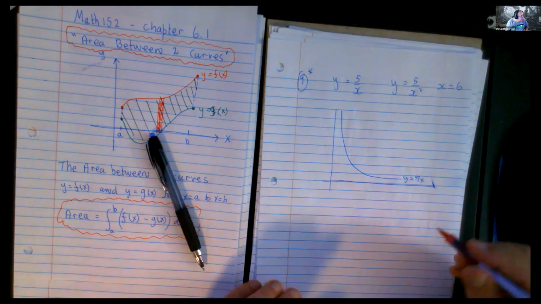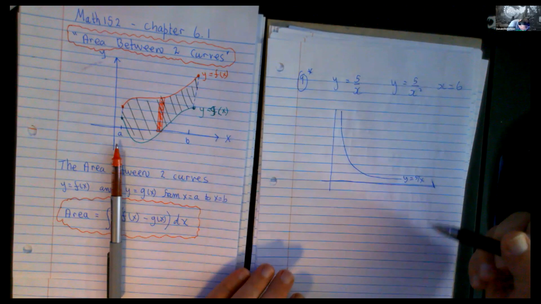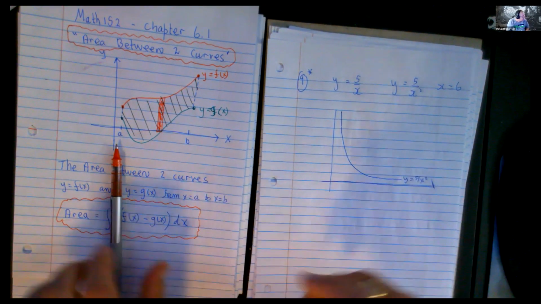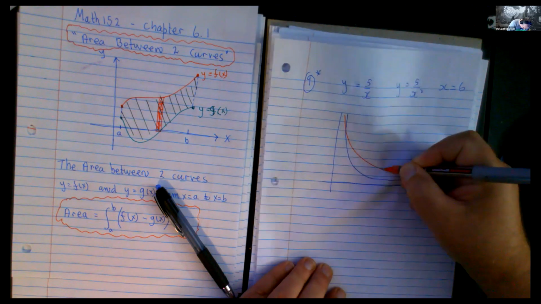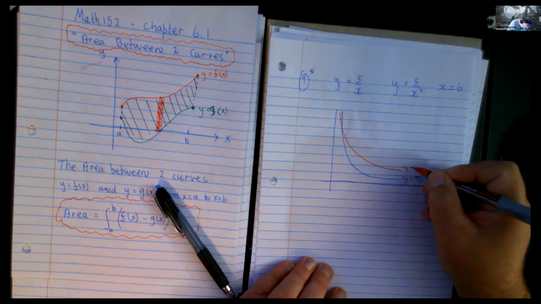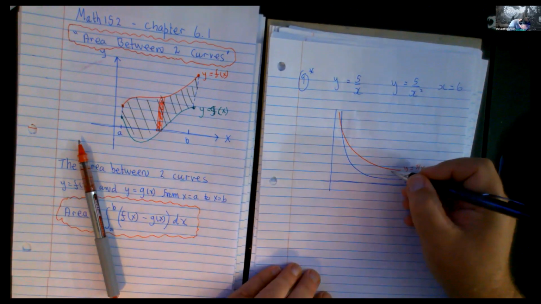Actually, I'll make him 5 over x squared. And if I do the other one, 5 over x, he looks a bit like this guy. And if I do x equals 6, it's about here.